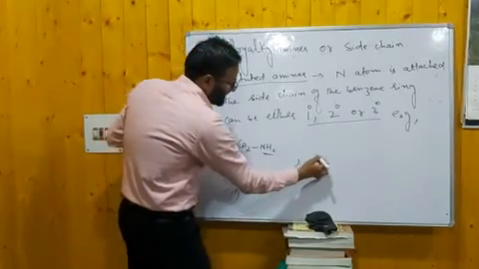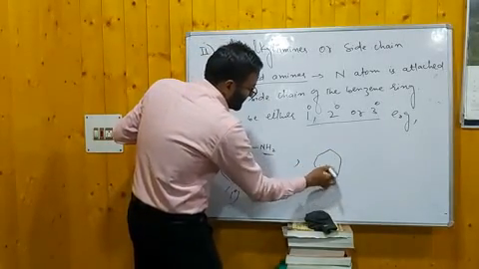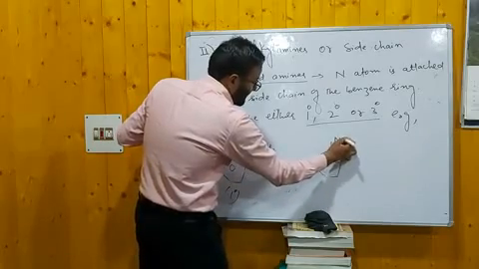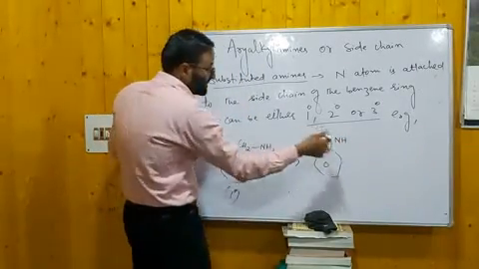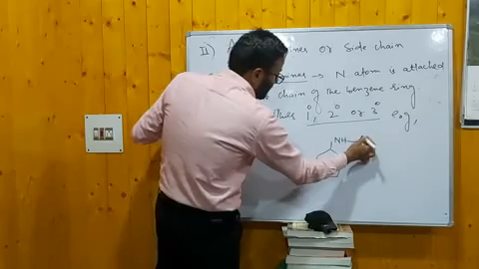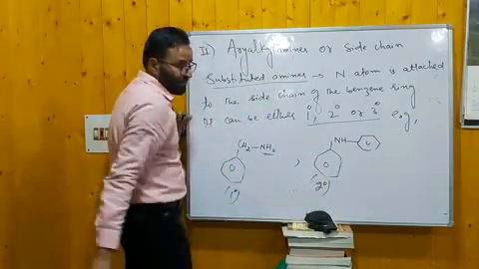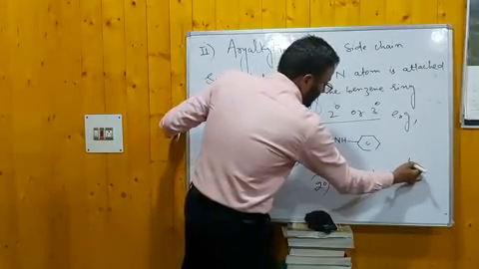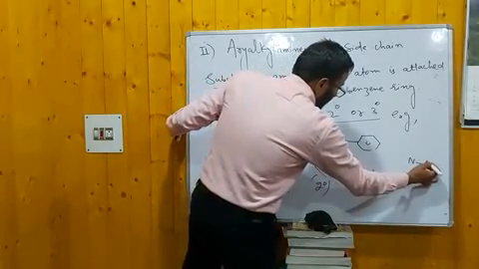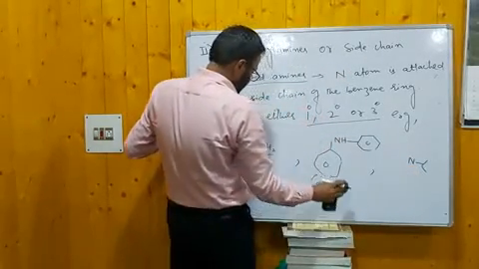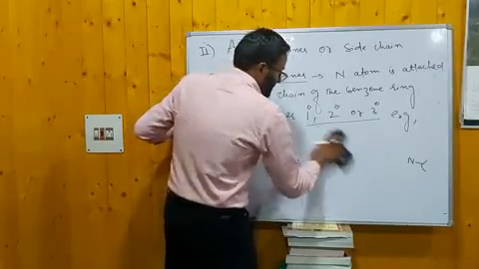Now what will be the secondary? You will have the benzene ring, you will have NH, but another hydrogen has been replaced by another benzene ring. It will be the 2 degree. Now what will be the 3 degree? In the 3 degree, hydrogen will be attached here. You have to mention, there will be a little bit of change.